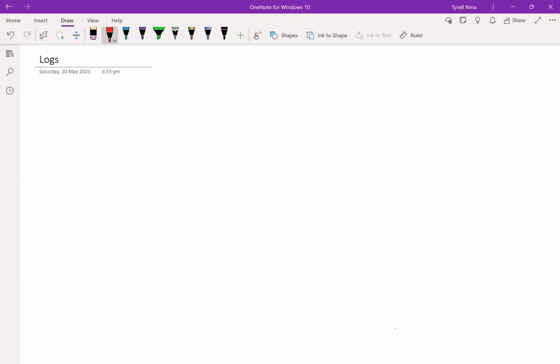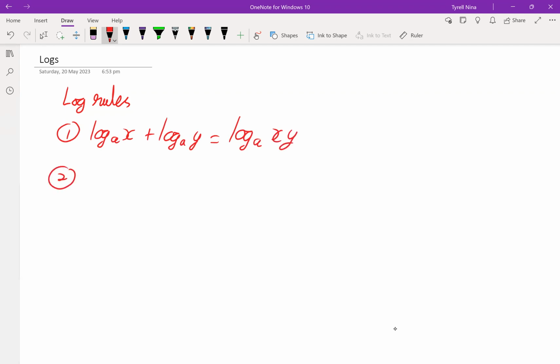So log rules. 1. Log a of x plus log a of y is log a xy. 2.